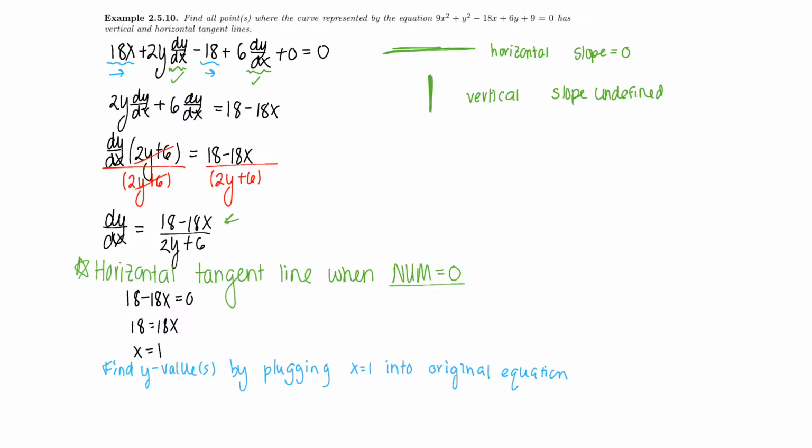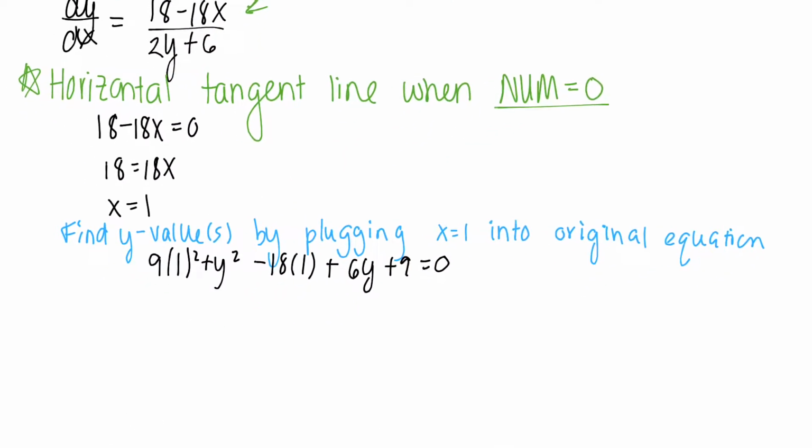So, looking at this, we have 9 times 1 squared plus y squared minus 18 times 1 plus 6y plus 9 equals 0. So 9 plus y squared minus 18 plus 6y plus 9 equals 0. 9 plus 9 is 18, minus 18 is 0, so this simplifies to y squared plus 6y equals 0.